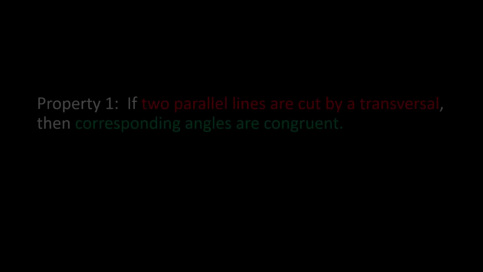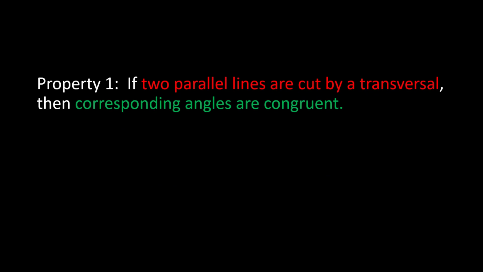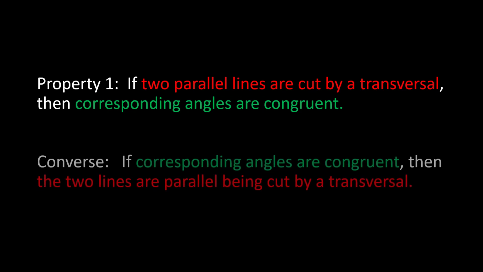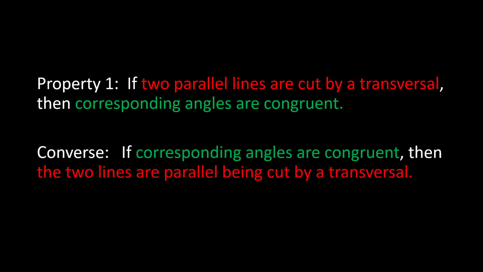Property 1 said if two parallel lines are cut by a transversal, then the corresponding angles are congruent. Whereas the converse would be switching the if and the then statement. So now in this lesson, all we're saying is that if the corresponding angles are congruent, then the two lines are parallel being cut by a transversal. So we just switch the if and the then statement.